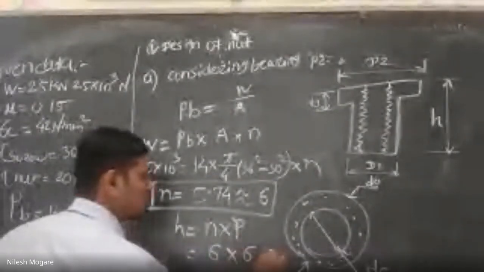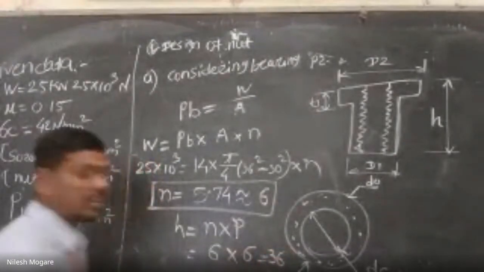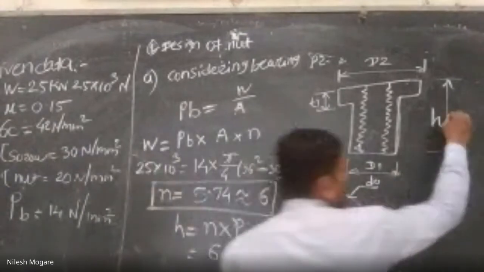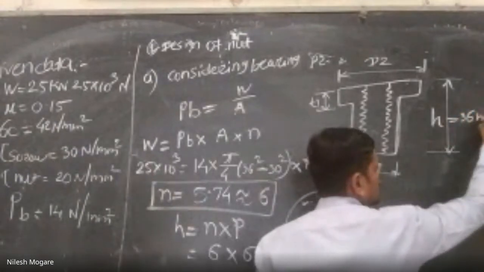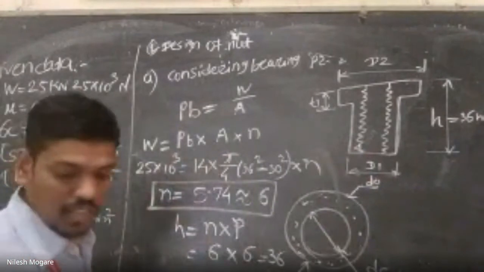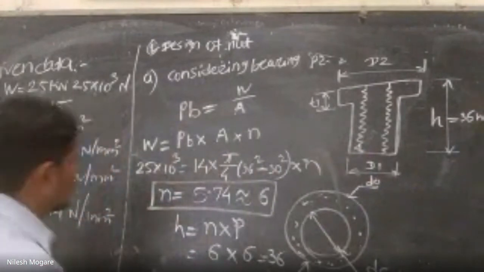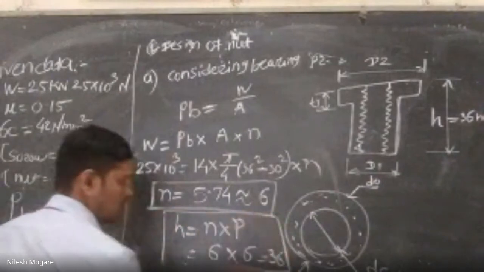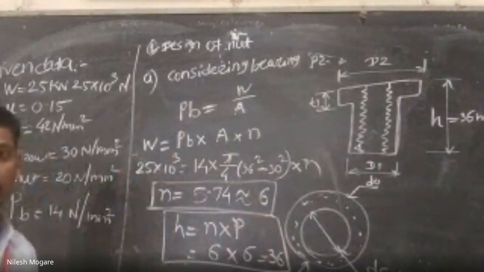So that's why the value of h is nothing but 36 mm. 6 sixes are 36. So value of h is equals to 36 mm. So we find the value of h here. With this we can find the value of h, 36 mm.